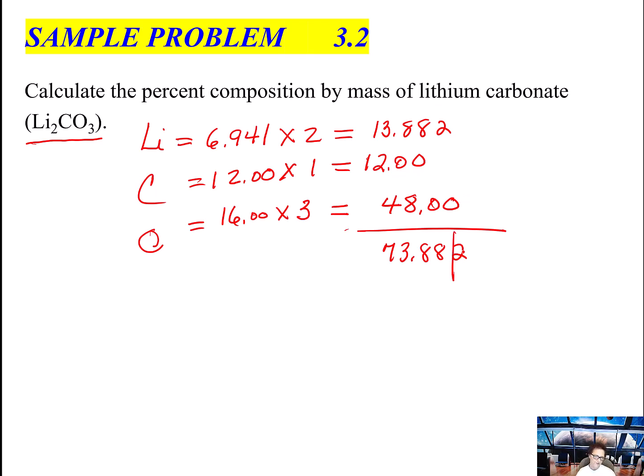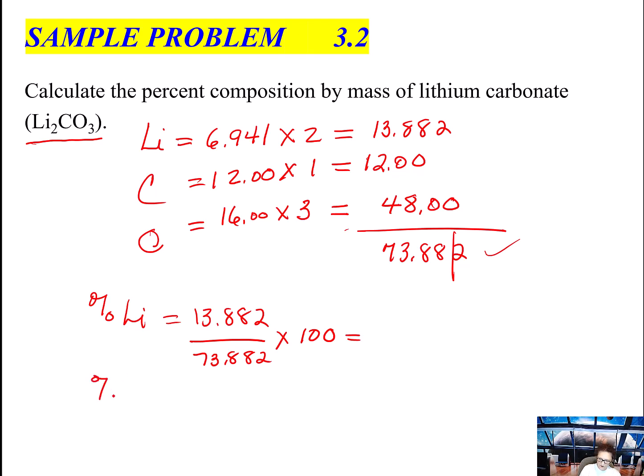But usually I don't round that stuff until I get done. So the percents will have 4 significant figures, but I'm going to use this number, remembering that I'm going to have 4 significant figures. So the percent of lithium is 13.882 divided by 73.882 times 100.